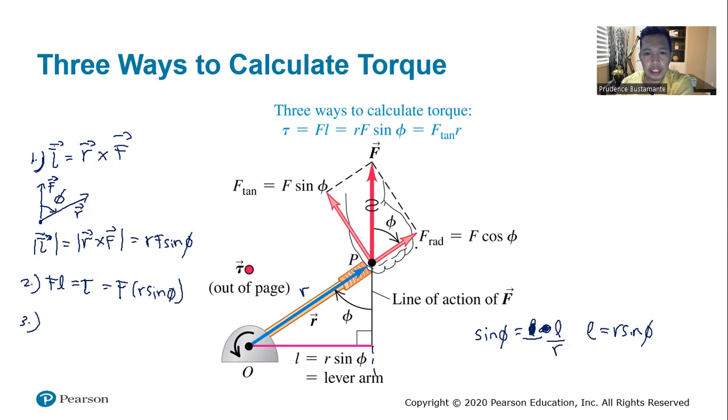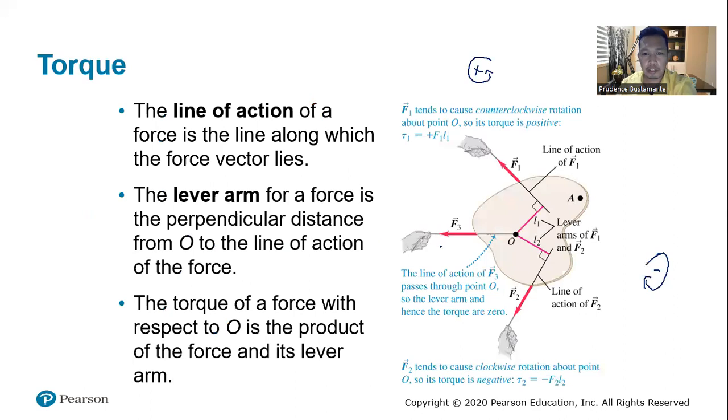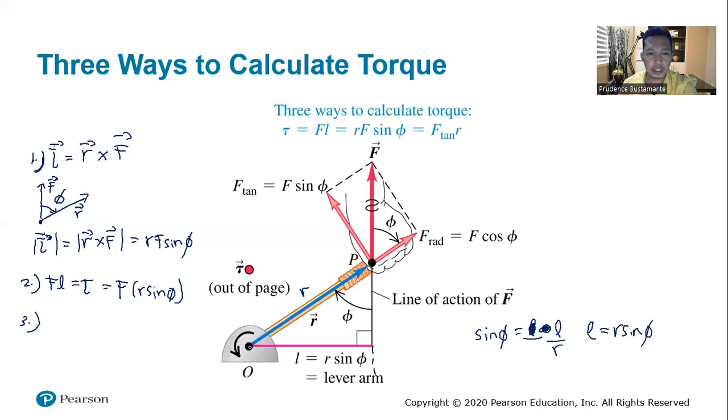The radial component is not doing torque because, as in this example, the line of action of force number 3, F3, passes through point O. So here, you use the definition F tangential times R.